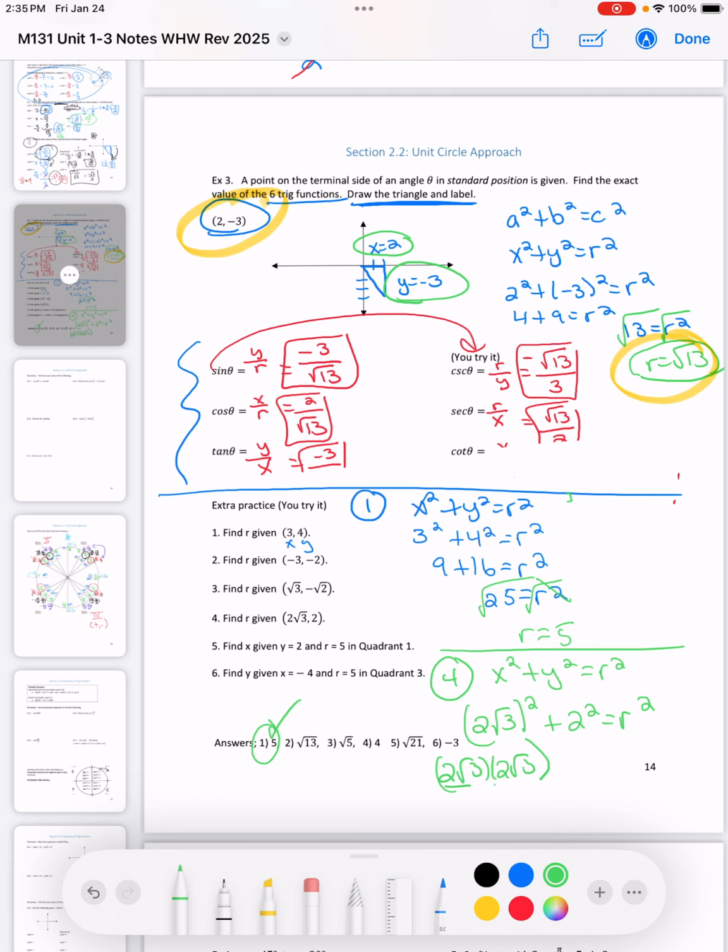So 2 times 2 gives me 4, and the square root of 3 times the square root of 3 is really just 3, because that's the square root of 3 squared. They cancel out, and I'm just left with 3. And then plus 4 is equal to r squared. So that gives me 12 plus 4, which is equal to 16, is equal to r squared. I'm going to take the square root of both sides, and I get r is 4. So we got that one right too.